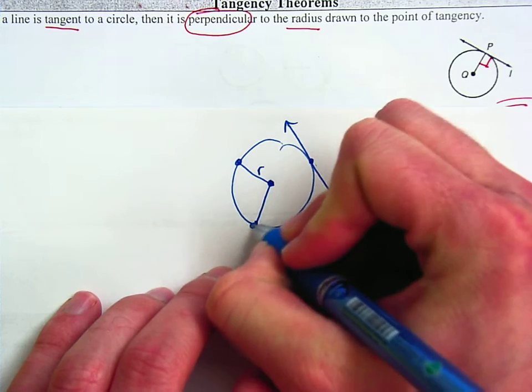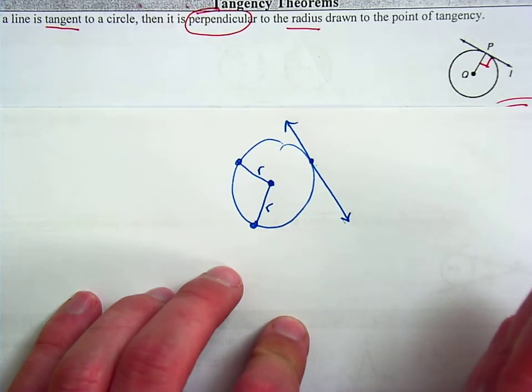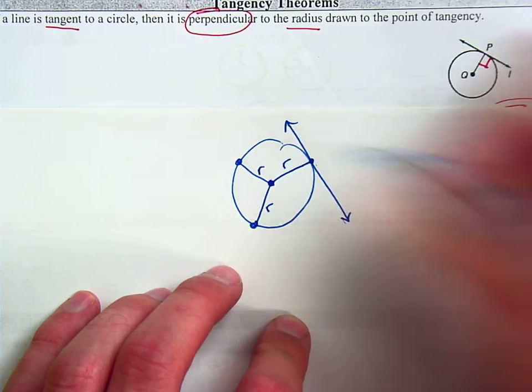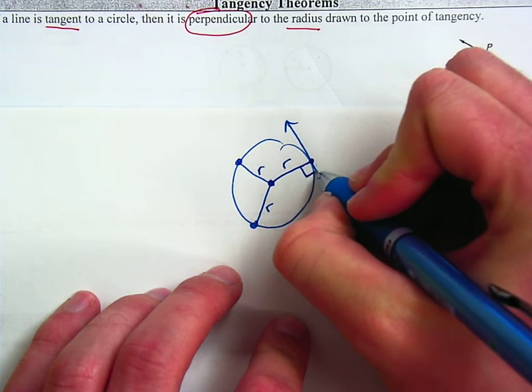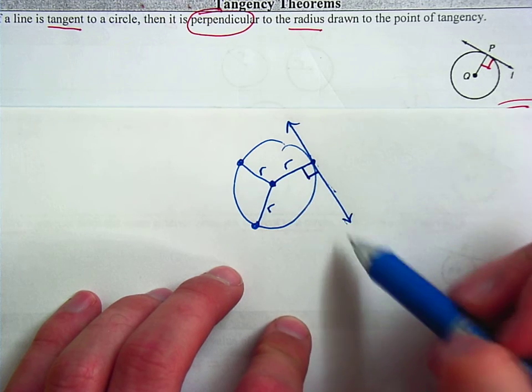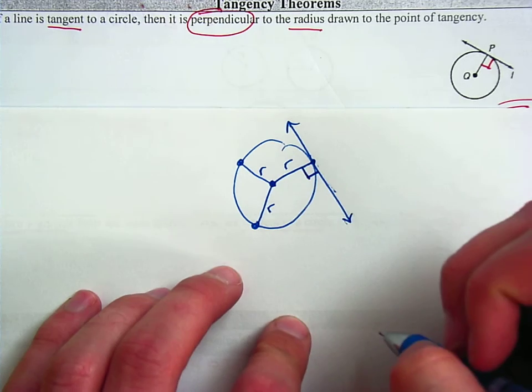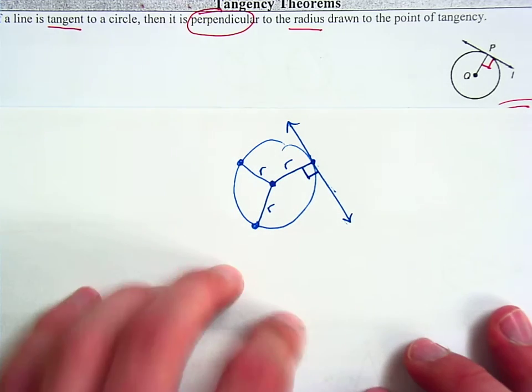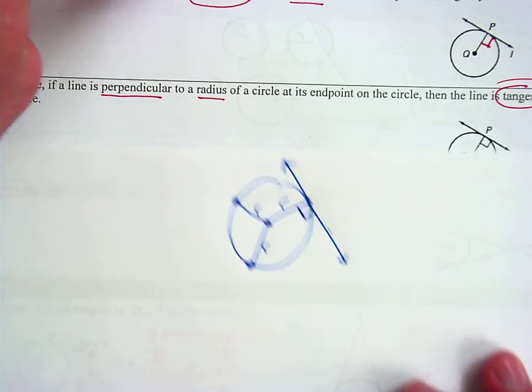We could draw one down here. This is a radius. Well, if we draw a radius from the center to the point of tangency, then this actually creates a 90-degree angle between the radius and the tangent line. That's a really cool tangency theorem that we're going to use a lot, and we've got to keep that in mind.